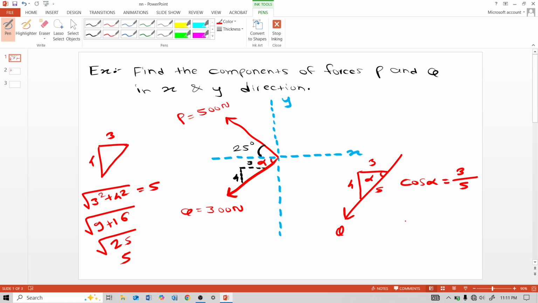So cos alpha is 3 by 5, and sin alpha is the opposite side 4 upon the hypotenuse 5. So cos alpha is 3 by 5 and sin alpha is 4 by 5. After that, we will resolve these P and Q forces into perpendicular components, and we will solve it.